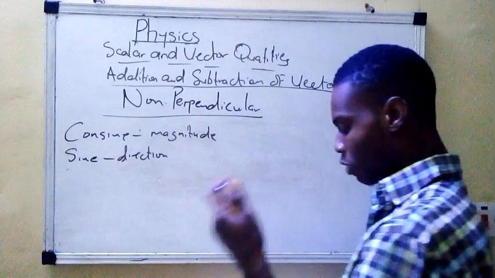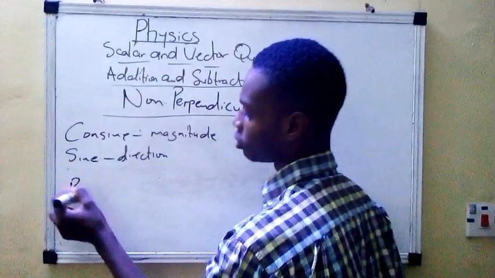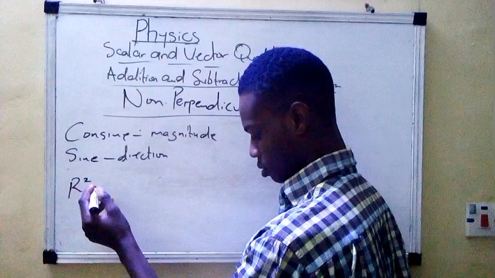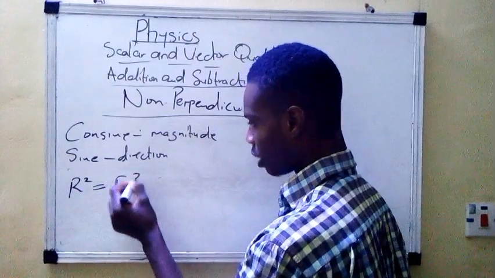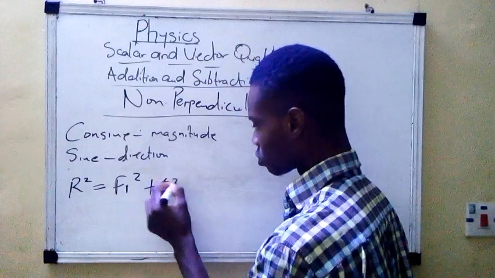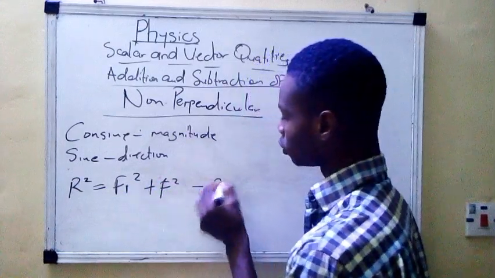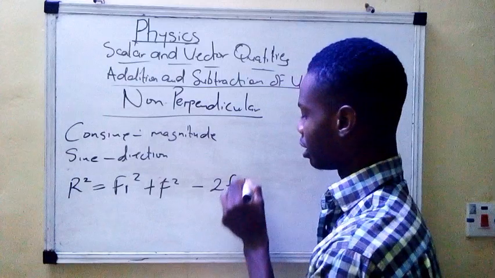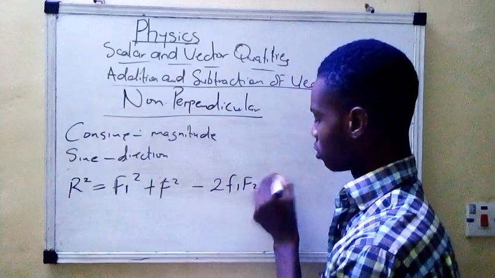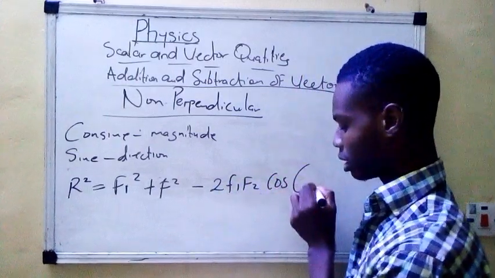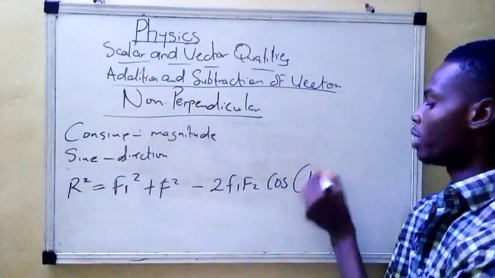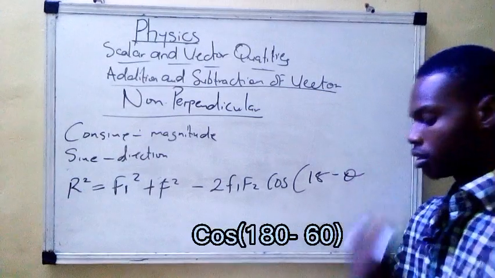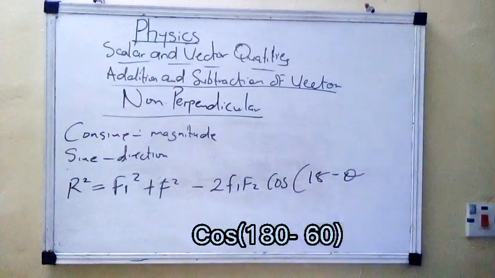Now the formula will be R square is equals to F1 square plus F2 square minus 2F1F2 cos bracket 180 minus theta.